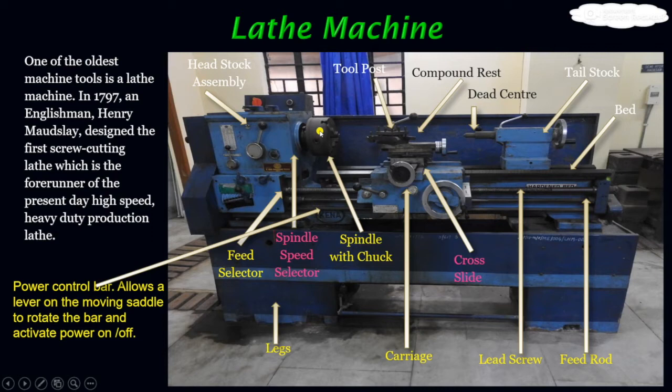It is a job holding device. The job is held by the chuck. Various types of chucks are there. Here in our machine, it is the three jaw chuck. This is also called the self-centered chuck. Then it is the tool post.